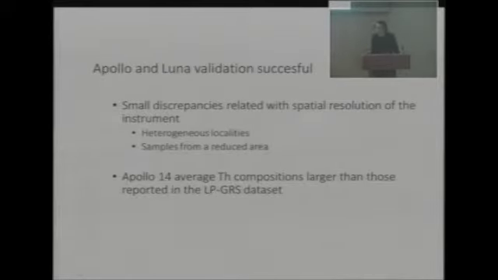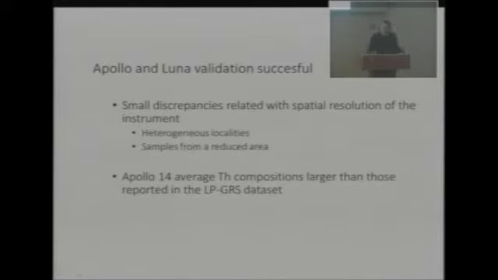as I showed. First, the discrepancies are related to the spatial resolution of the instrument. We have an instrument that gives us 2 degrees resolution, which is about 60 kilometers long, but the samples are from a really reduced area. I mean, the samples usually are from a point, like a centimeter or meter scale. So there are that kind of heterogeneities because the remote sensing datasets make the average of a large area.